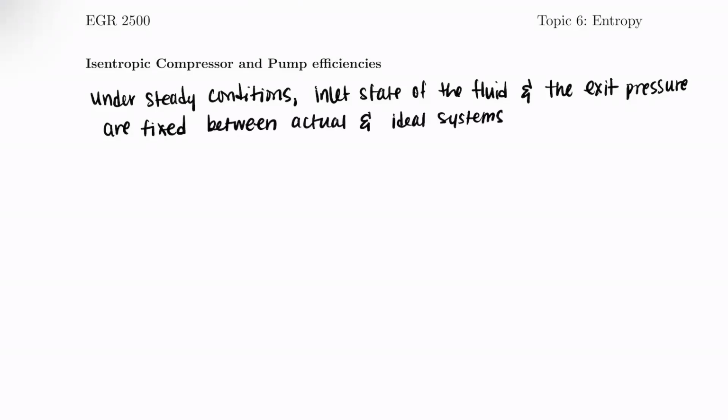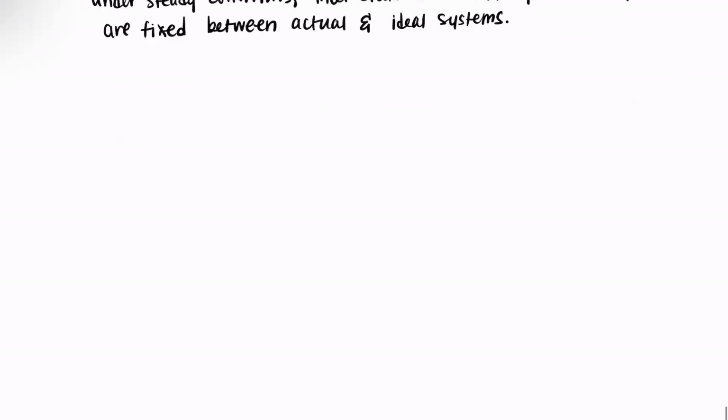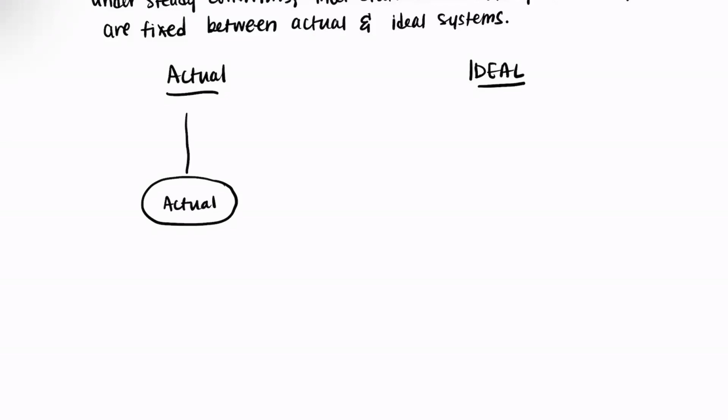All right, so this is similar to what we just looked at for the turbine. We have an actual system and an ideal system. So this is our pump. At the inlet, we're going to have pressure, temperature, enthalpy, entropy, and a flow rate.